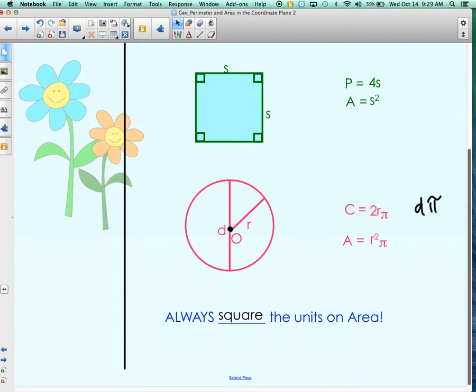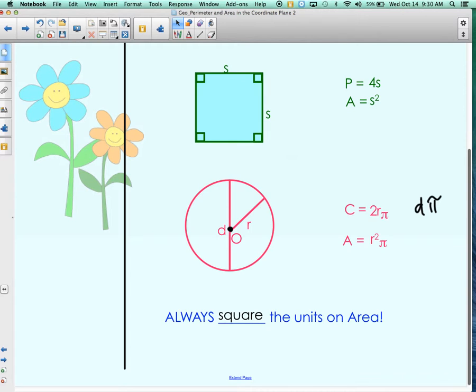So always square the units when we're talking about area. Questions on the formulas? Nothing new. You've seen those all before, right?